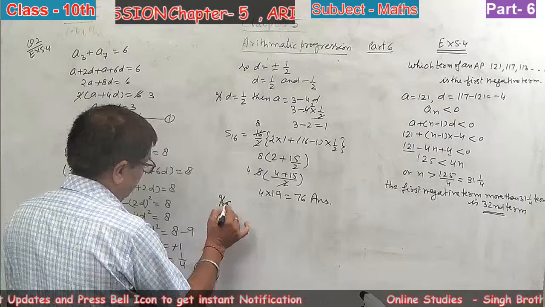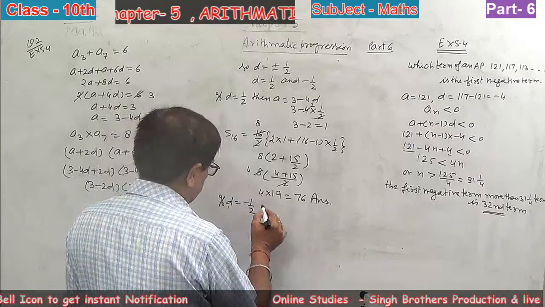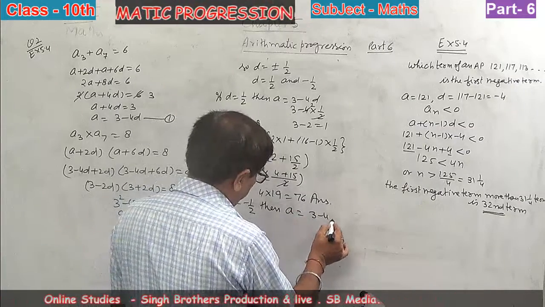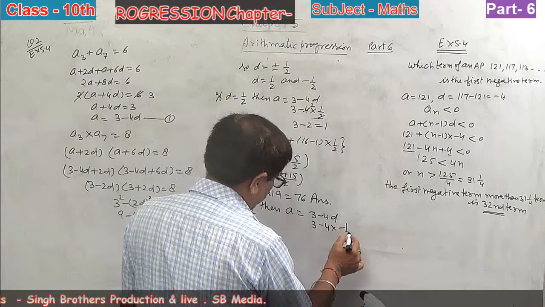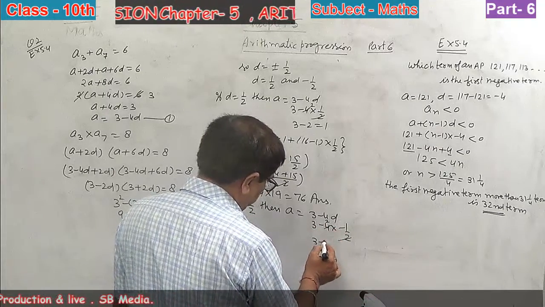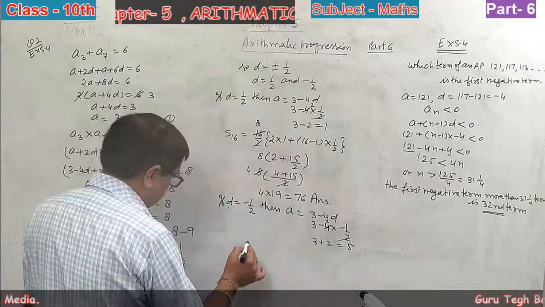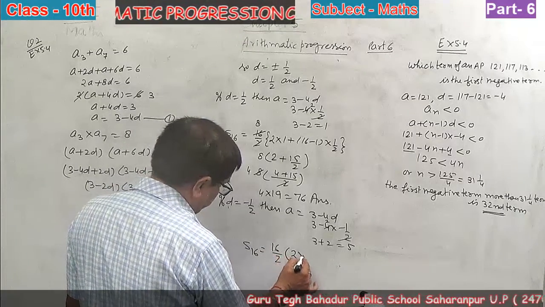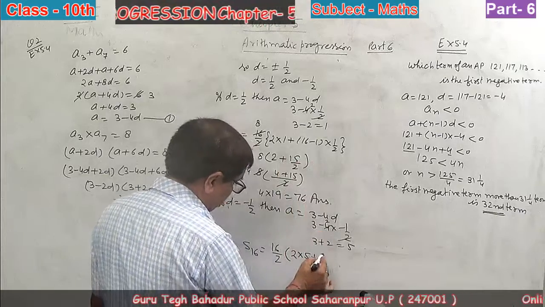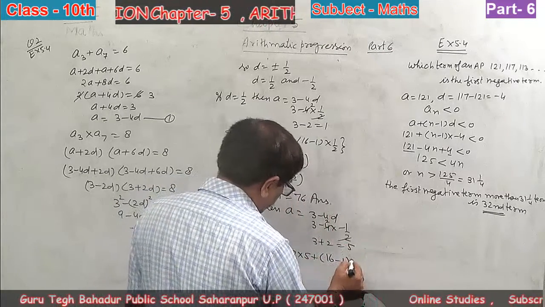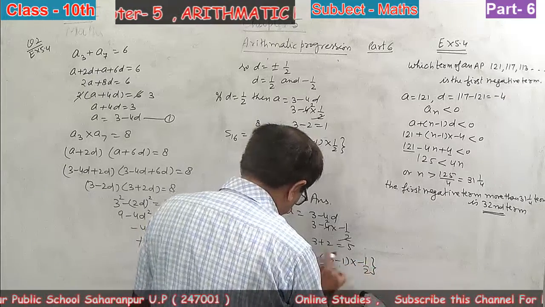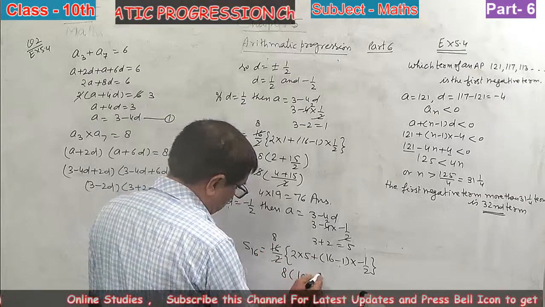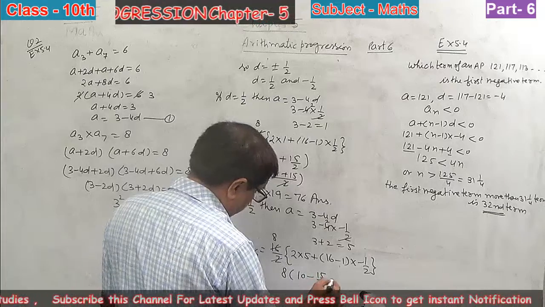If D is equal to minus 1 upon 2, then A will be 3 minus 4D, 3 minus 4 into minus 1 upon 2, so 3 plus 2 that is 5, and S16 will be equal to 16 upon 2 into (2A plus 16 minus 1 into D), D is minus 1 upon 2. 8 into (10 minus 15 upon 2).